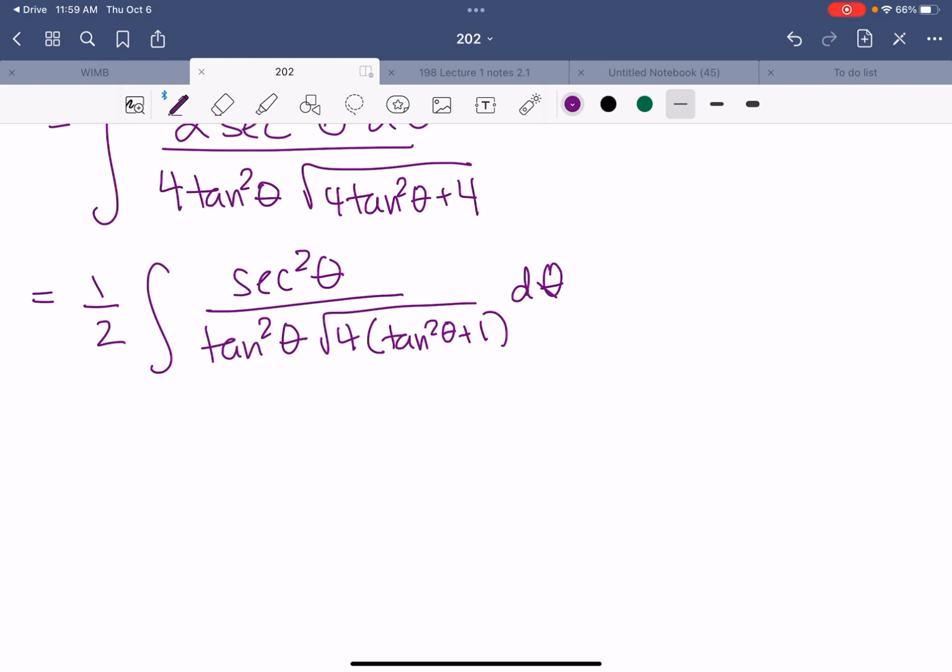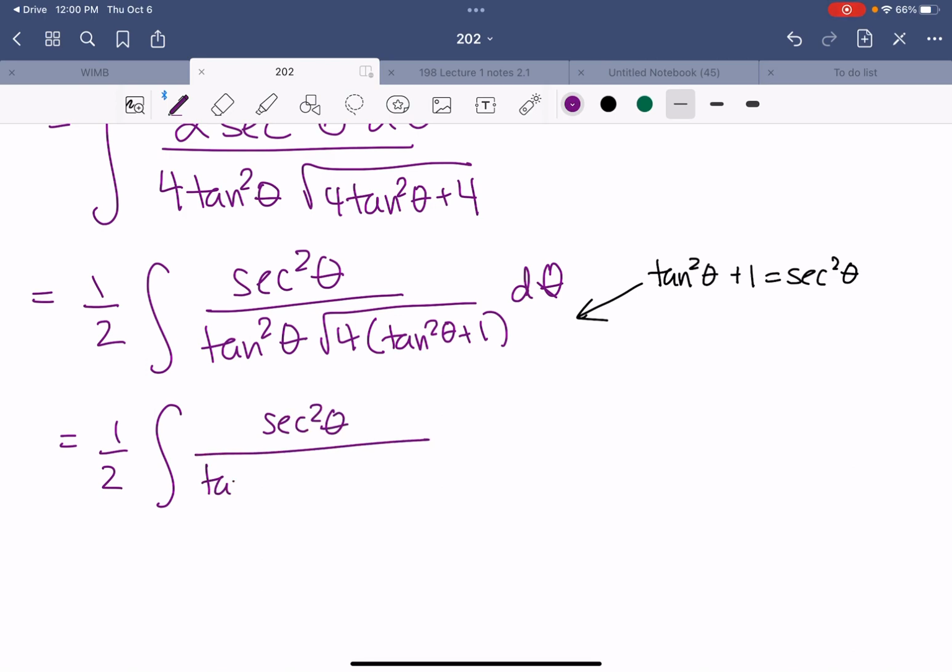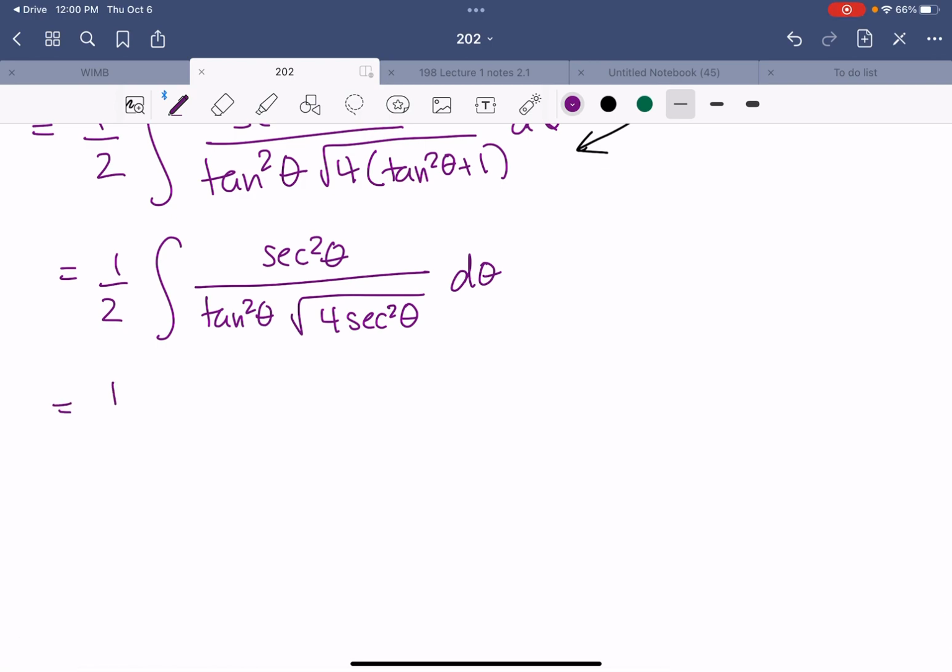So I'm allowed to replace my tangent squared plus 1 with secant squared. I'm plugging that in here. So this is going to give me 1/2 the integral of secant squared theta over tangent squared theta, square root of 4 secant squared theta, d theta. Then we can take our square root.